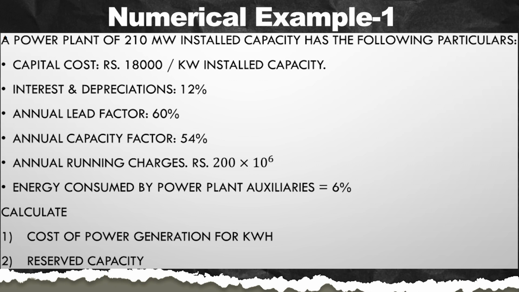Interest and depreciation is at 12%, annual load factor 60%, annual capacity factor 54%. Annual running charges of the power plant are rupees 200 into 10 raised to 6. Energy consumed by the power auxiliaries is 6%, and we have to determine the cost of power generation and reserve capacity of the power plant.